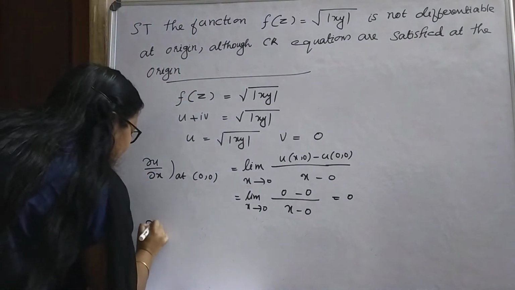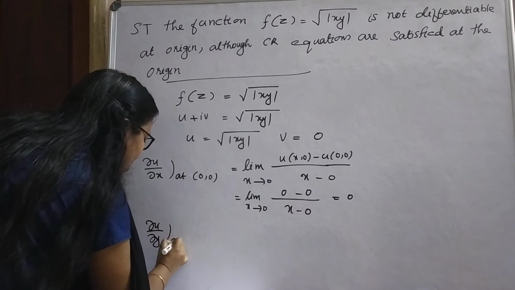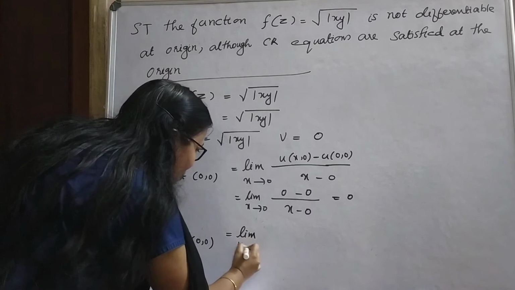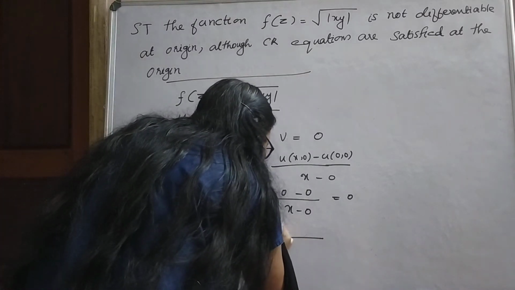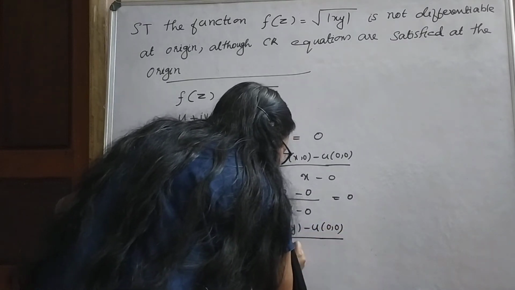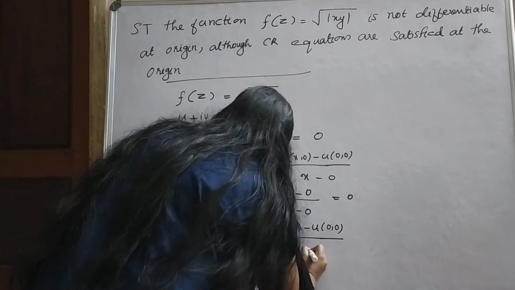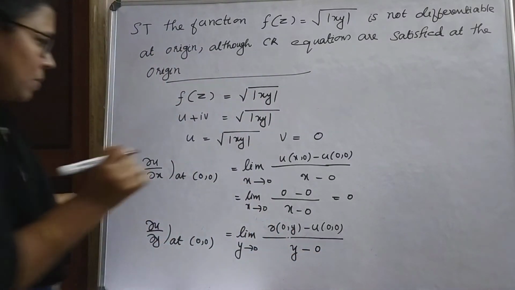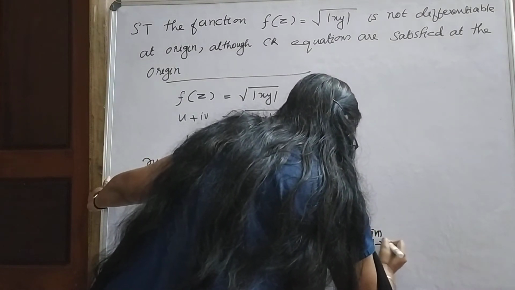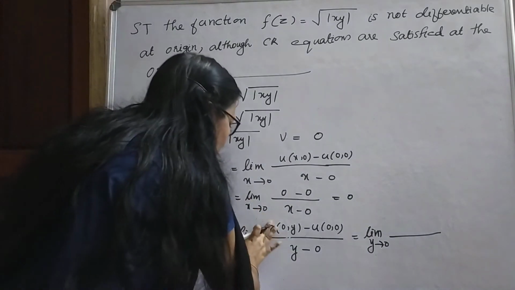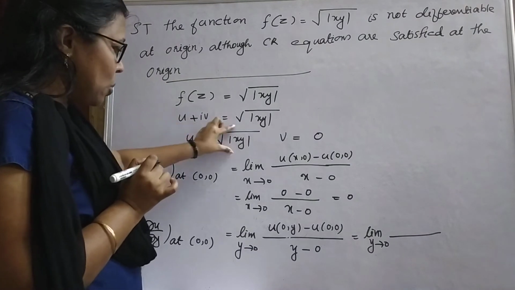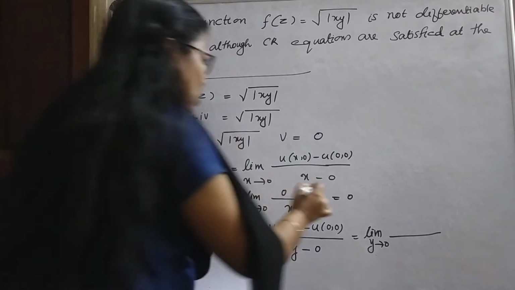Now we have to find dou u by dou y at 0, 0. The formula for it is limit y tending to 0 u of 0 comma y minus u of 0, 0 by y minus 0. U of 0 comma y: in u put x as 0 and y as y, which is equal to 0.